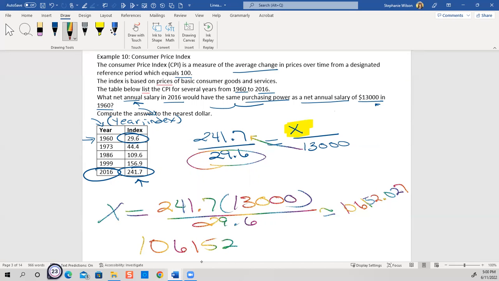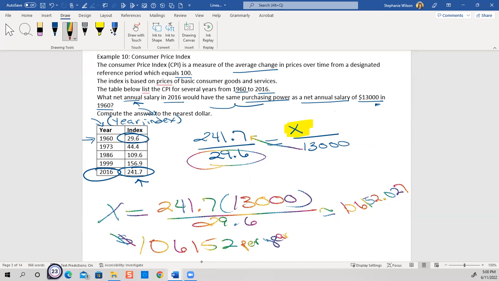You could always double check your math, make sure that you got it typed in your calculator correctly. Or if you did it by pencil and paper, that's great. Make sure it's written down. So I know per year it's 106,152 per year. Watch the rounding and watch what it asks us for on your assignments on how to round.